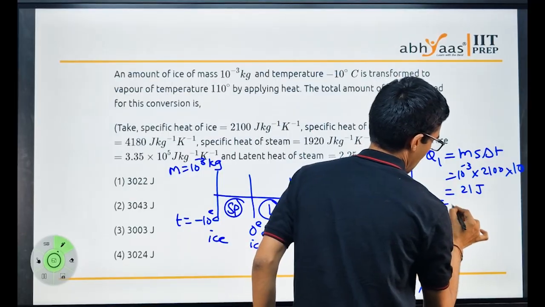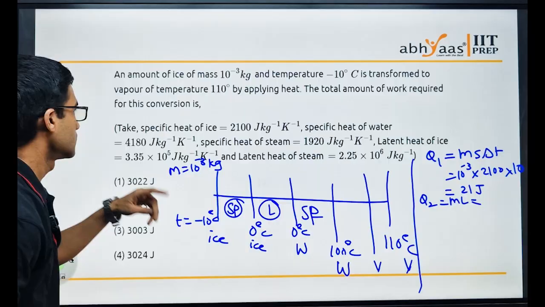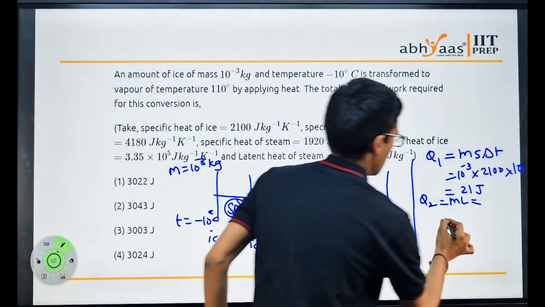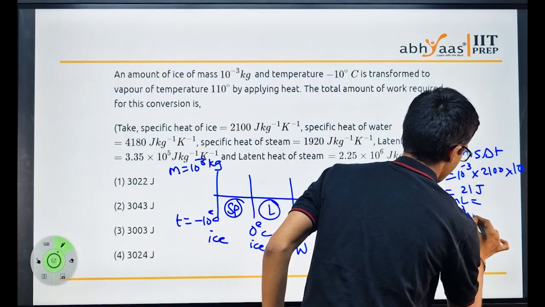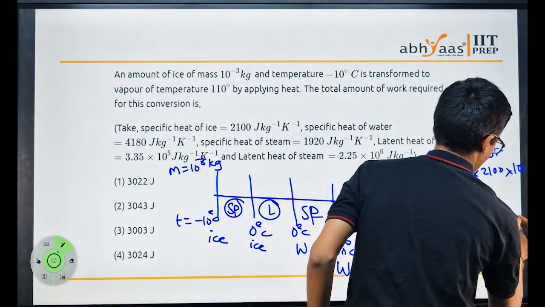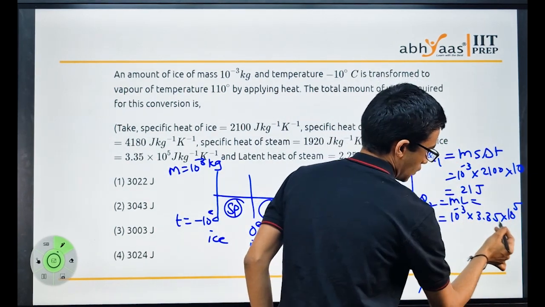Q2 is equal to m L, with mass 10 power minus 3 and latent heat of ice 3.35 into 10 power 5. 10 power minus 3 with 10 power 5 gives 10 square, so here 335.